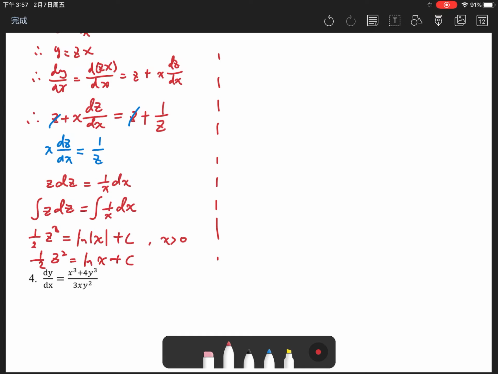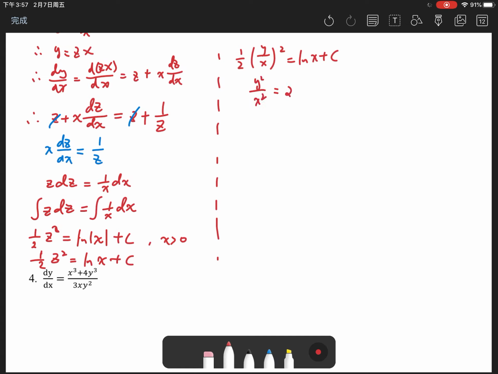Finally, we can replace z in terms of x and y. So it is 1 over 2 times (y over x) squared equals ln x plus constant c. We multiply by 2 first.